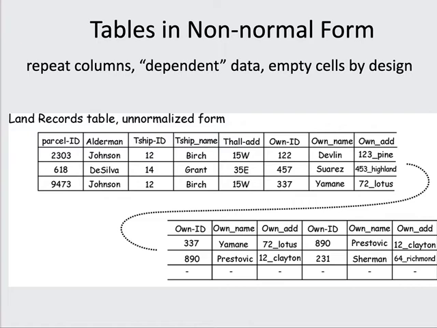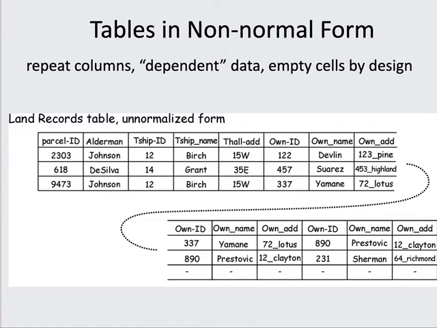So here's a flat file. It's a good example. It's land records, and I have parcels, and the parcels are in townships with aldermen and township IDs and township names and town hall addresses, and then there are owners, and there can be multiple owners for the parcel. Each of the owners has a unique ID and a name and an address.